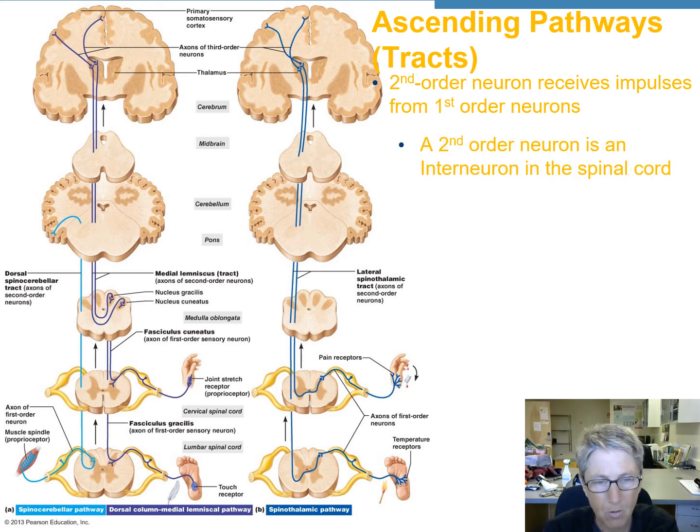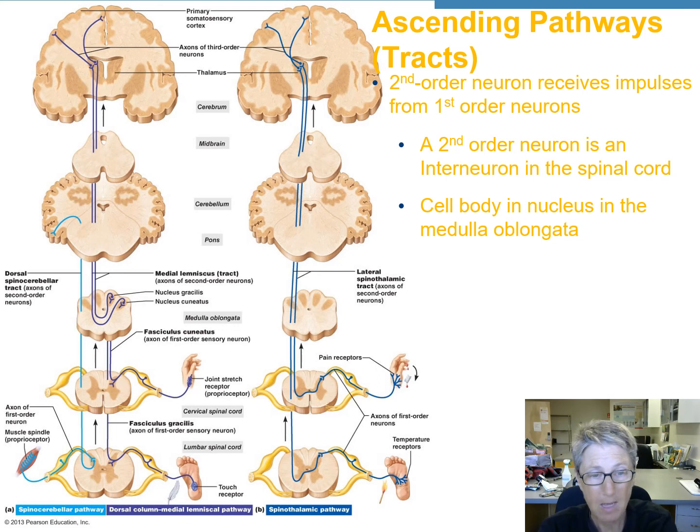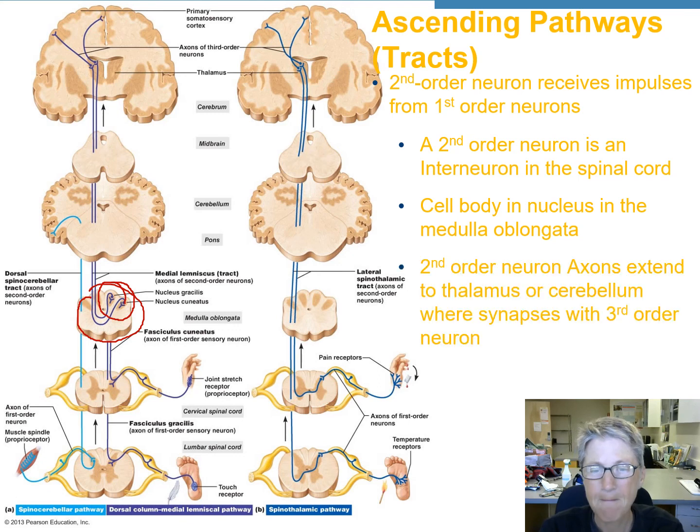So the second order neuron receives impulses from the first order neuron, and then the second order neuron will be an interneuron in the spinal cord, and its cell body will be in the medulla oblongata. So for example, in this part of the cartoon, here's the cell body of the second order neuron. It lives in this cross section of the medulla oblongata.